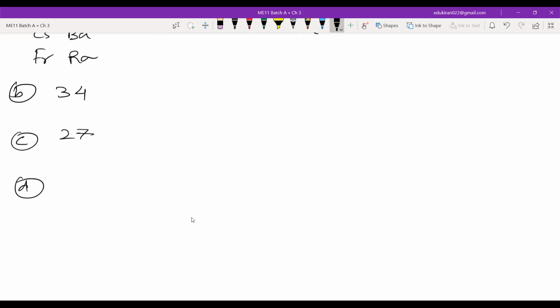D part, 55. Do these 3. If you don't remember the elements' names, that is fine. But at least the symbol you should remember, right? Because we have memorized the symbols from the mnemonics.